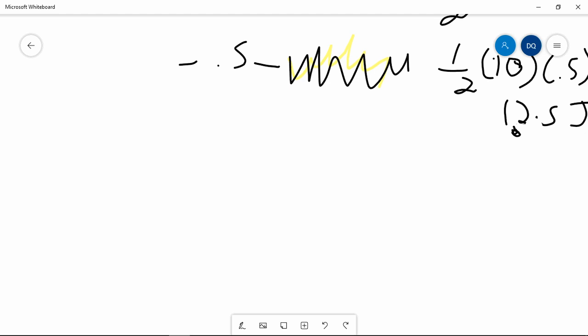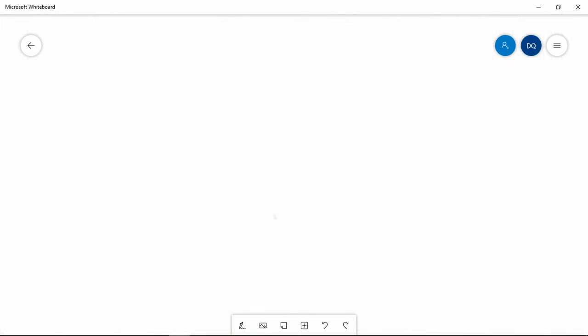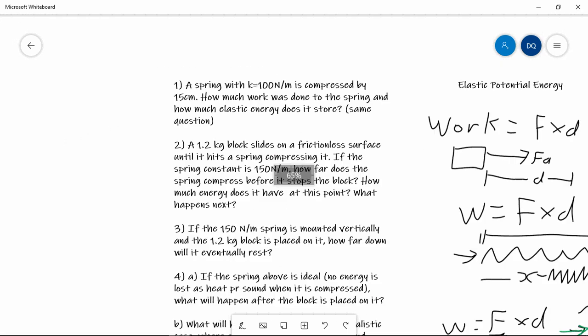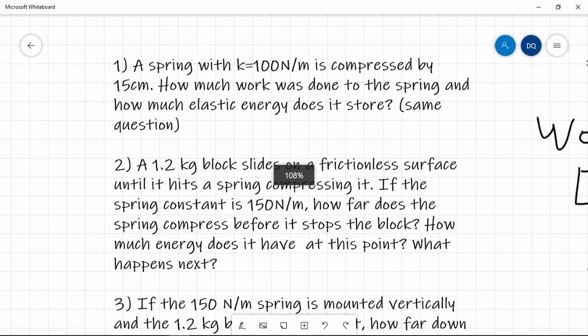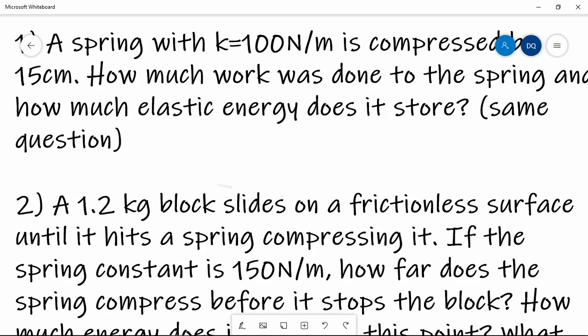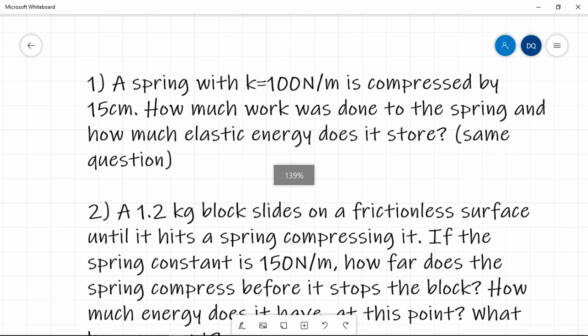Okay, so let's answer some of these questions here. Let me find them. Okay, here we go. So we've got a spring with a K value of 100 newtons per meter compressed by 15 centimeters. How much work was done to the spring, and how much elastic energy does it store? They're the same amount for each. And so this is just simply 1/2 kx squared.